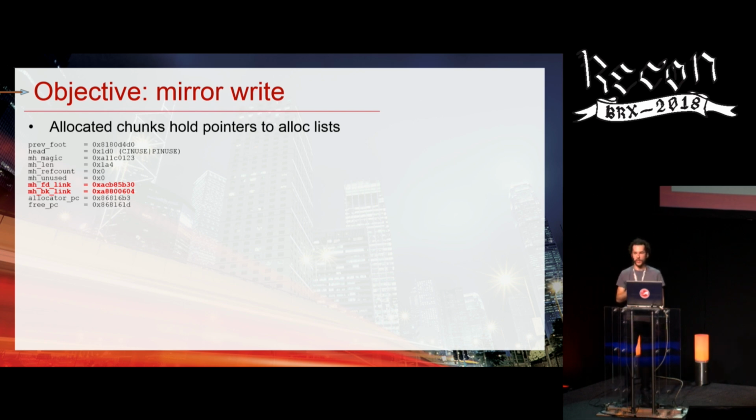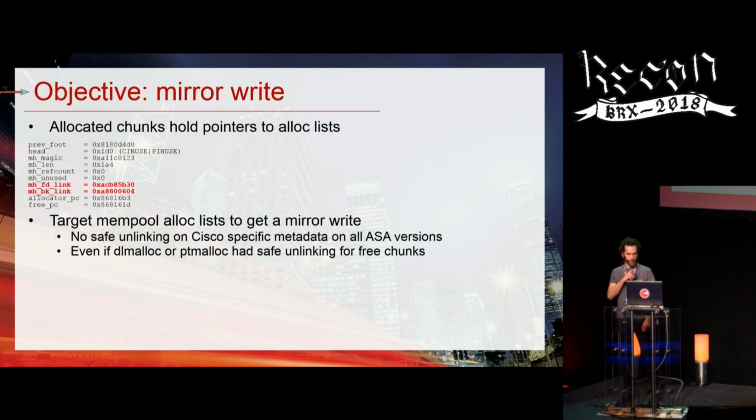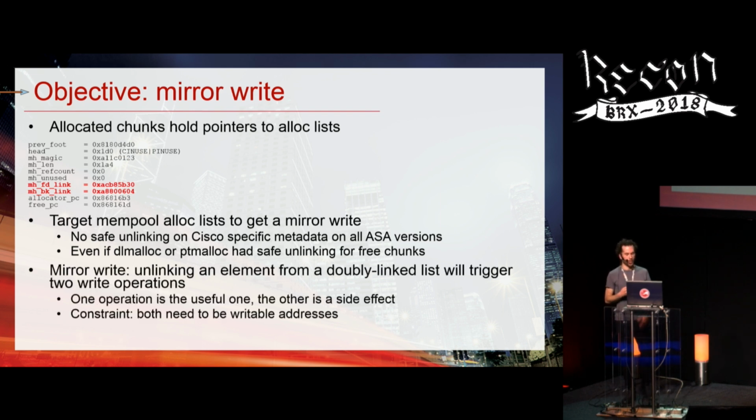The interesting thing about these pointers is you don't have any safe unlinking on them. Even though dlmalloc or ptmalloc had safe unlinking on free chunks, because these don't have any, we can abuse them, and if we are able to corrupt them, we can potentially get what we call mirror write primitives, which are triggered when you unlink an allocated chunk and free it.